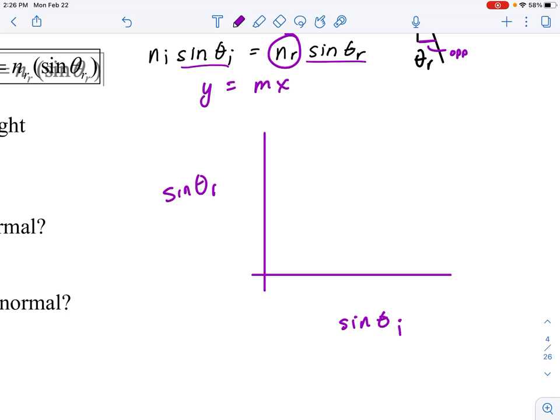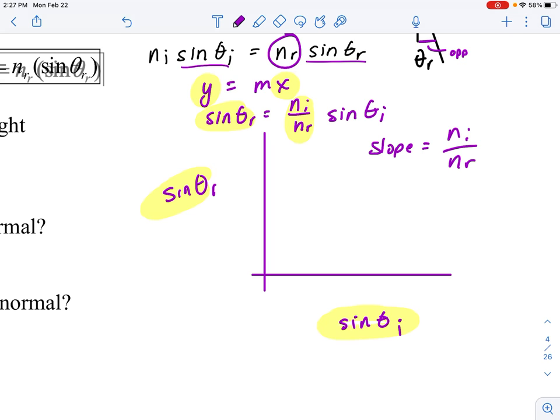So I would say the sine of the refracted angle would equal ni over nr times the sine of the incident angle. My thinking here is that on the horizontal axis, I've got the sine of incident. On the vertical axis, I've got the sine of the refracted angle. And look what happens here. My slope is the ratio of these indices of refraction. So the slope in this scenario is equal to ni over nr.